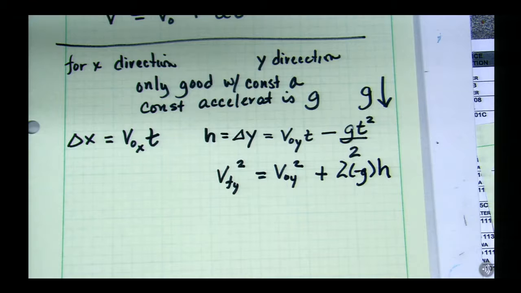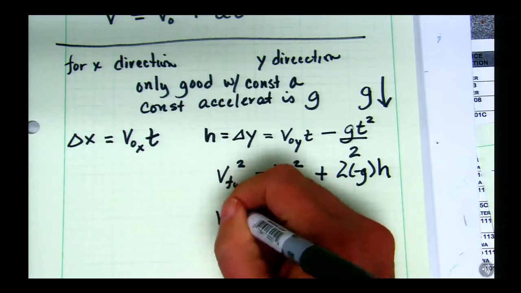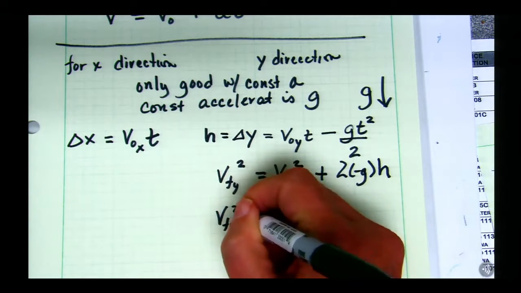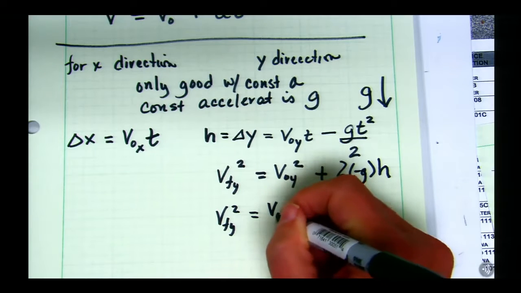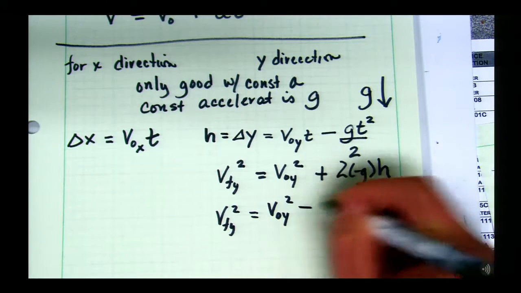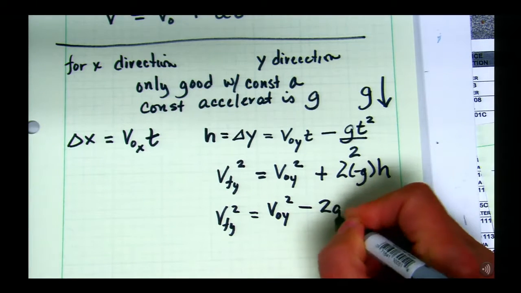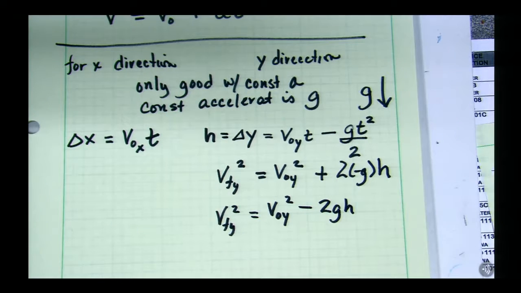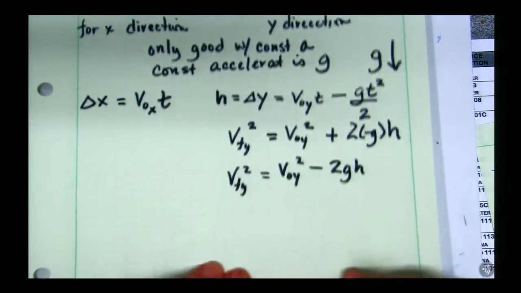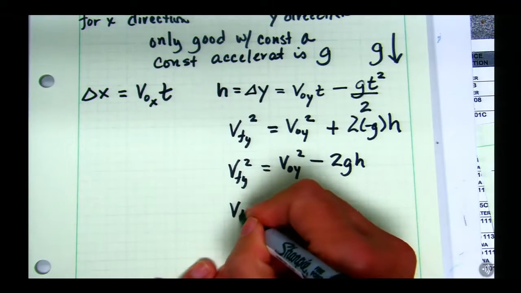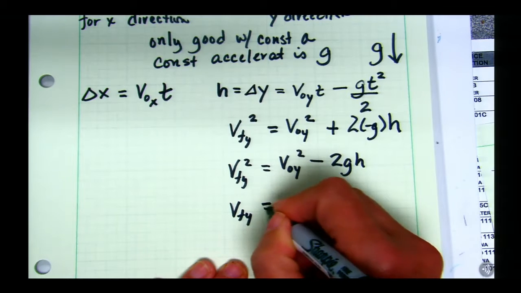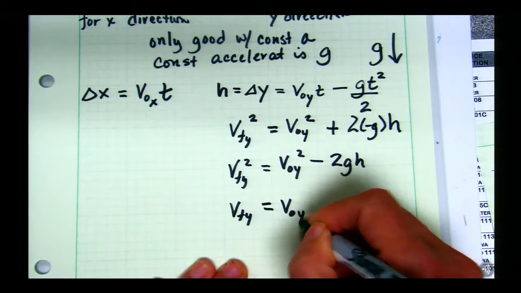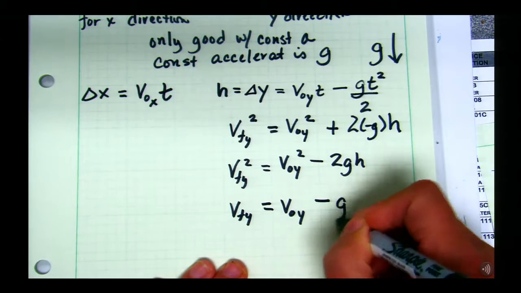And I can rewrite that as velocity final in the y direction squared is equal to my velocity initial in the y direction squared minus 2gh. And then the last one: velocity final in the y direction is equal to the velocity initial in the y direction minus g times t.